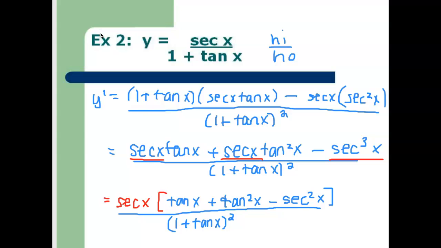We previously talked about trig identities. So we talked about sine squared x plus cosine squared x is equal to 1. What are the trig identities for secant and tangent?